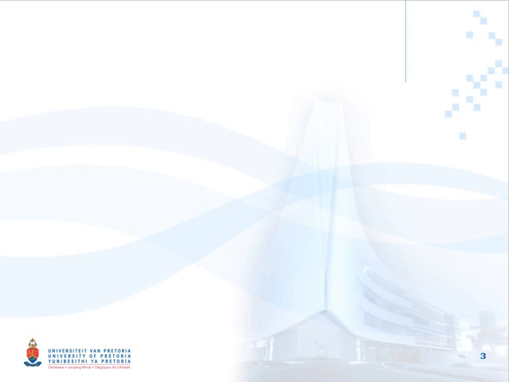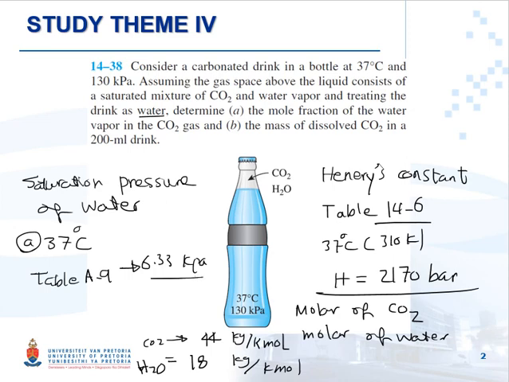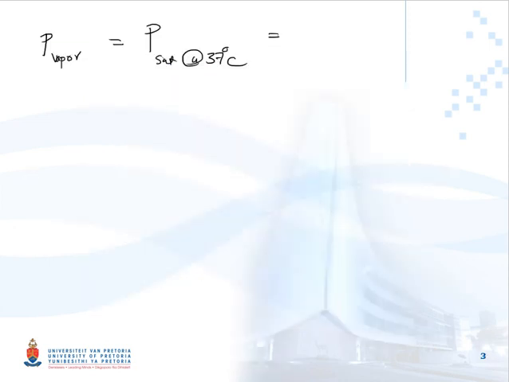So we easily can say that P vapor, because we said that it's saturated, is the saturation pressure of water at 37 degrees. Do we have it? Yes, here we went to the table and we read it, so we just write it down. It's 6.33 kilopascal.